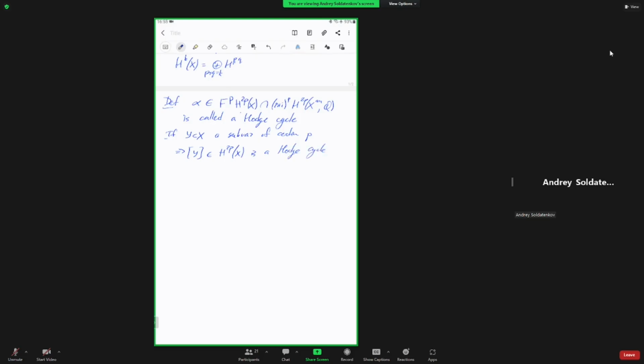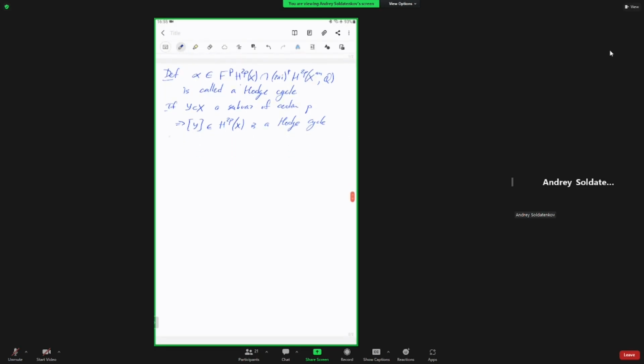And the Hodge conjecture implies that all Hodge cycles are linear combinations of such fundamental classes of subvarieties with rational coefficients.